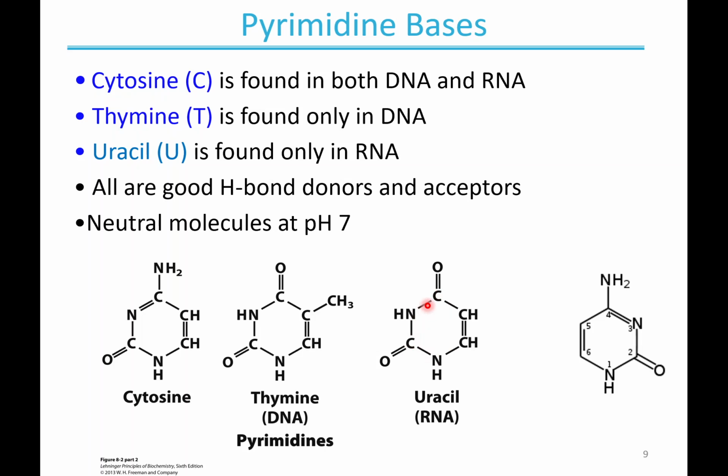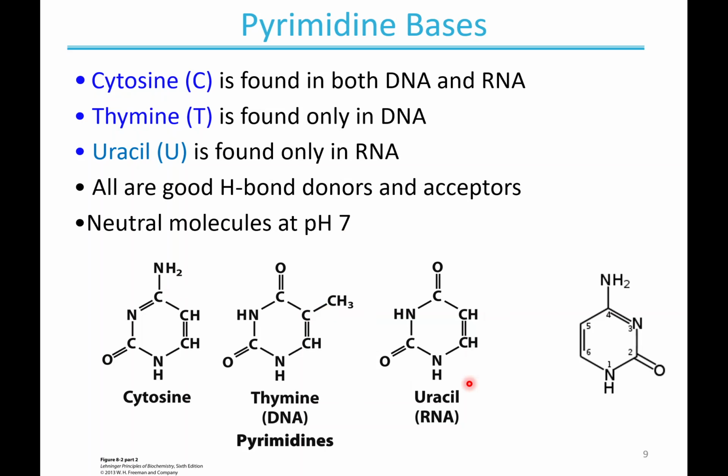Uracil is pretty simple to remember: you have two carbonyl groups. Cytosine is very similar to uracil, except that the carbonyl at carbon 4 is now replaced with an amino group. And then thymine gets a little bit more complicated. It's like uracil, but it just has been methylated, I guess you could say, at carbon 5.